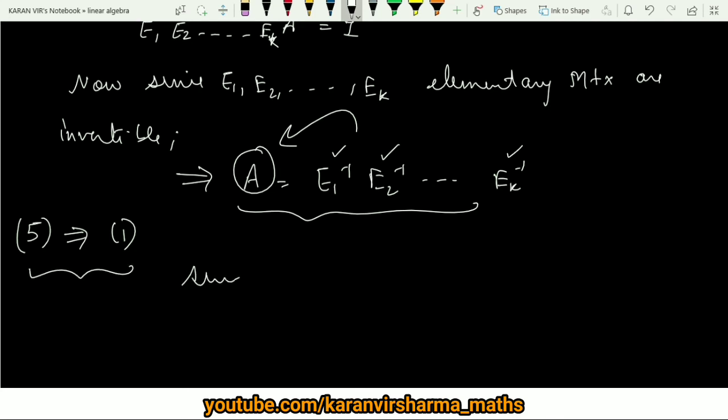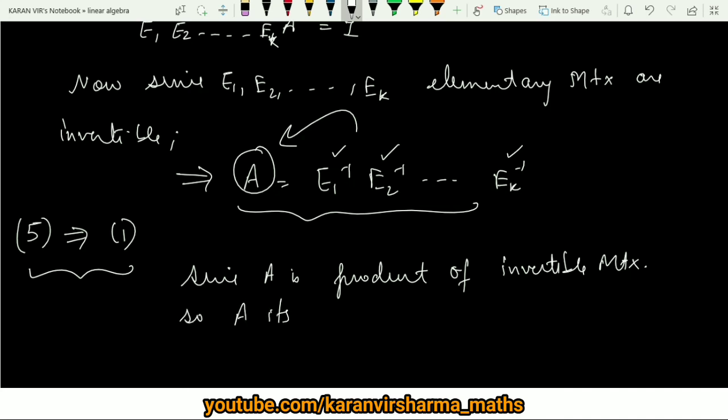Since A is a product of invertible matrices, A itself is invertible. So that completes my proof.